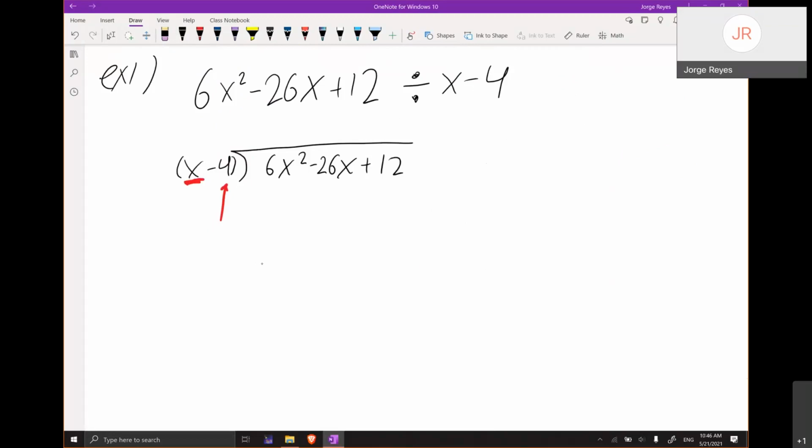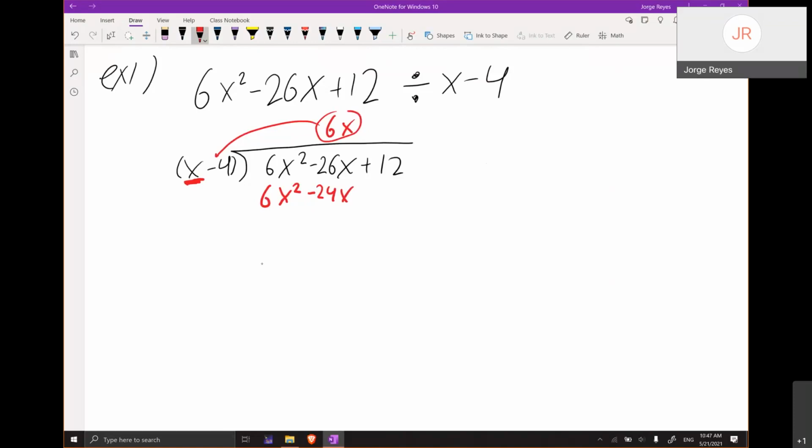So you ask yourself, what times x gets me 6x squared? And you say 6x. And then just like long division, you multiply this thing times this thing, which is going to be 6x squared minus 24x, since 4 times 6 is 24.